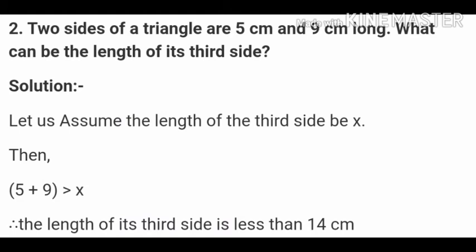So the sum of these two sides will be 9 plus 5, so 9 plus 5 is 14. So the length of the third side should not be 14 centimeter or more, it should be less than 14 centimeter.